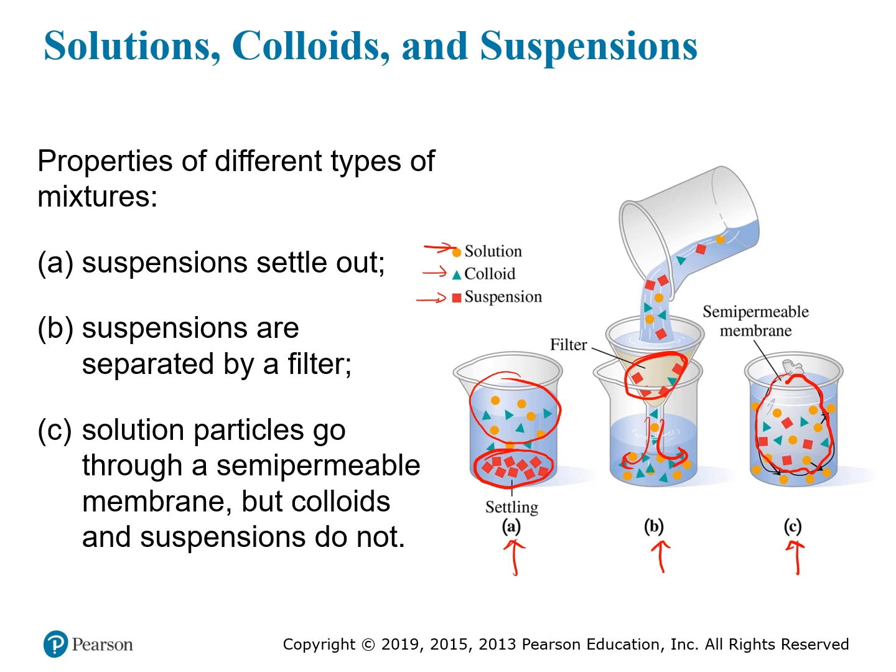The solution particles, the small yellow circles, are the only ones that are going to pass through the surface of the bag to get into the outer solvent. So you'll trap your colloids and your suspended particles inside the bag, and you'll be able to separate the solution particles out of it. Then you can just take the bag out and you'll have a true solution left over, and your colloids and suspended particles will still be in the semi-permeable membrane bag.